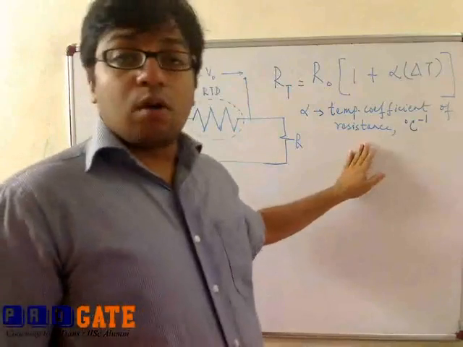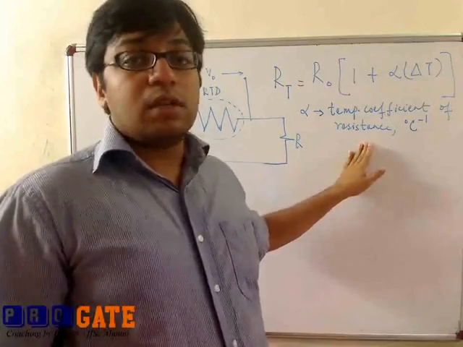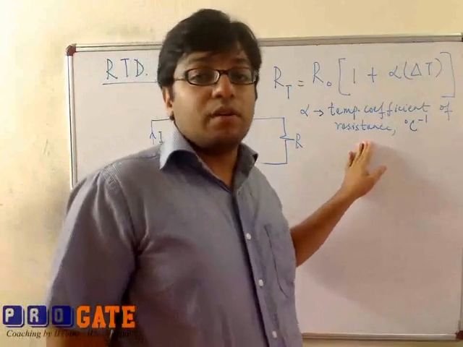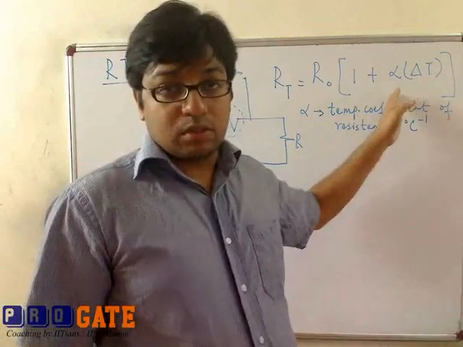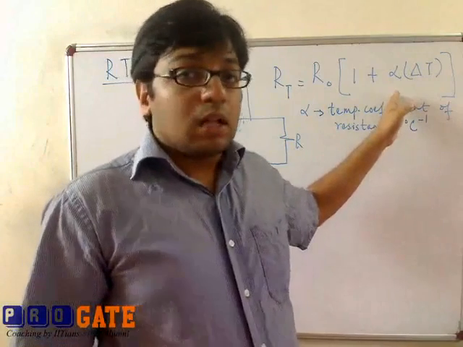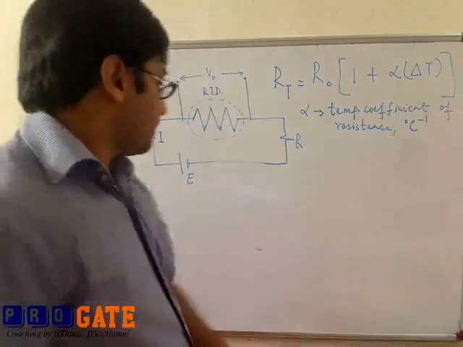Now this is called a linear approximation. This is really not the most accurate way of representing the variation of resistance with temperature.